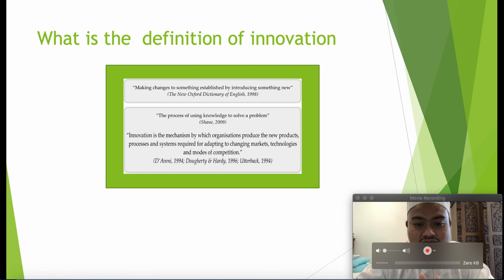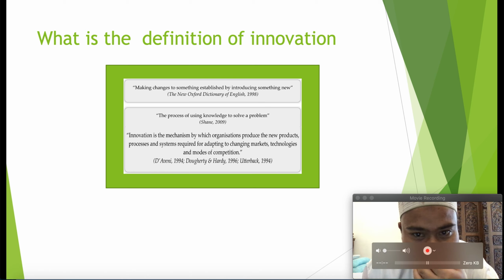This is for changing markets and technology and modern competition, because the new world is becoming faster, easier, and more user friendly. That's why innovation is needed in this new era to do all of this.